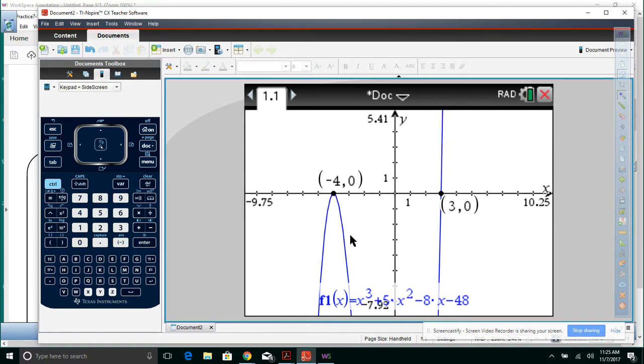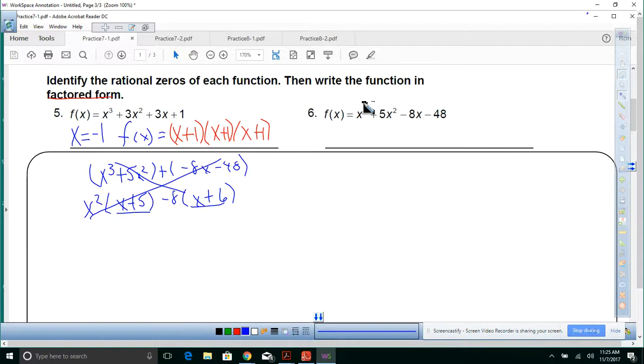It went up and touched it, and it went back the direction it came from. So it didn't actually cross it. So that means that this one is twice, and this one is only once. Because remember, the degree is 3.